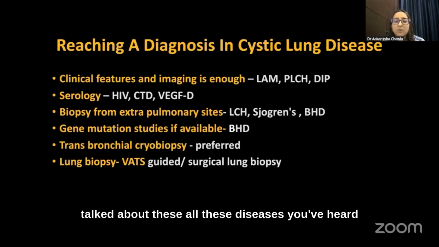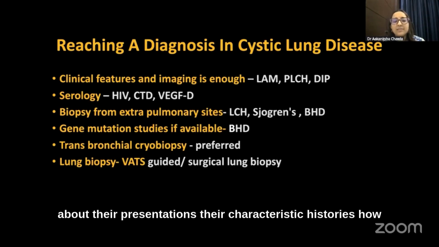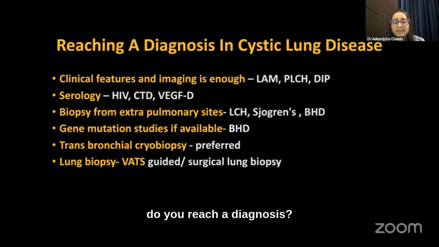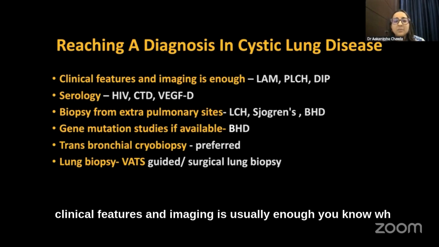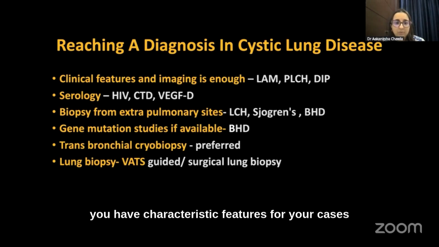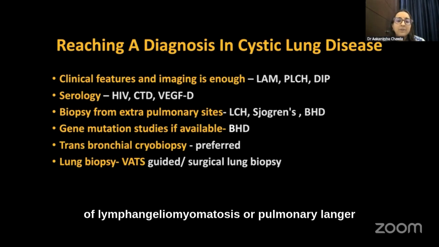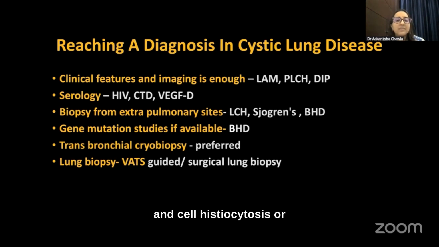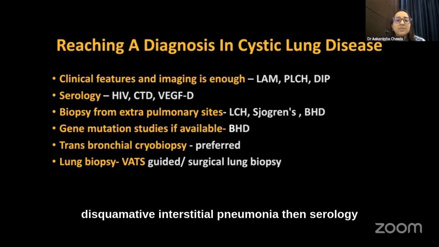So once we've talked about all these diseases, you've heard about their presentations, their characteristic histories, how do you reach a diagnosis? Clinical features and imaging is usually enough when you have characteristic features for your cases of lymphangioleiomyomatosis or pulmonary Langerhans cell histiocytosis or desquamative interstitial pneumonia.